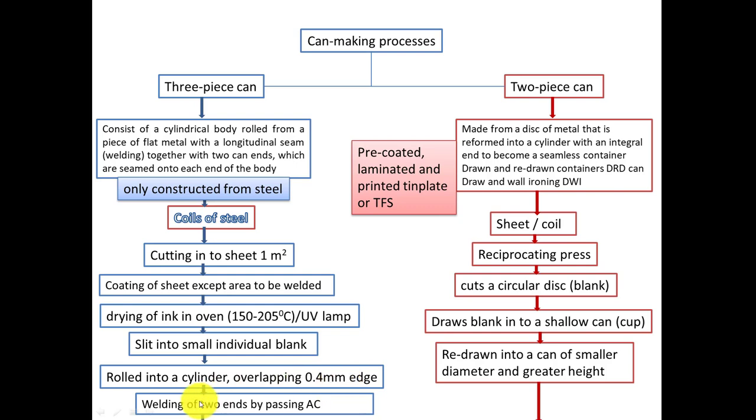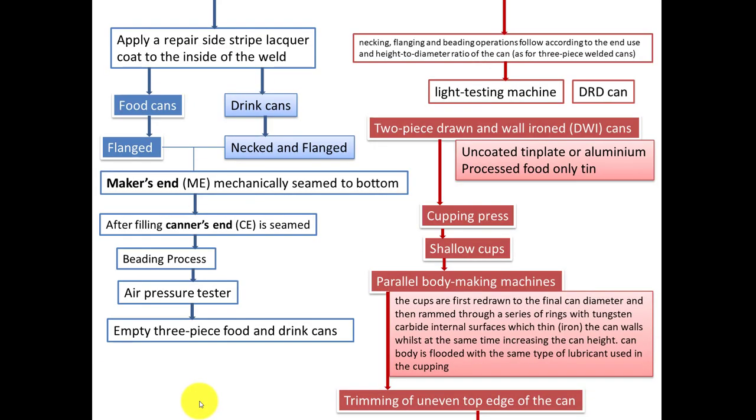Now these ends are welded together by passing alternating current. When alternating current is passed, the metal heats up and softens, and then there is a fusion of these two pieces. Then we have prepared hollow cylinders, and after this we again apply a repair side stripe lacquer coat inside the welds.